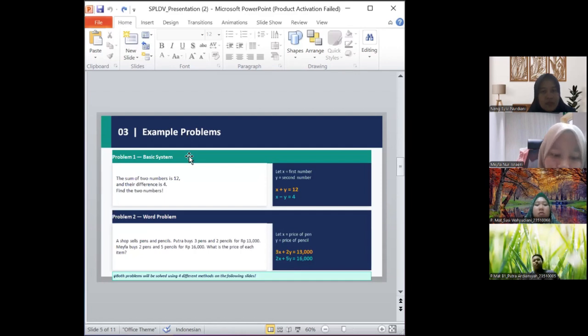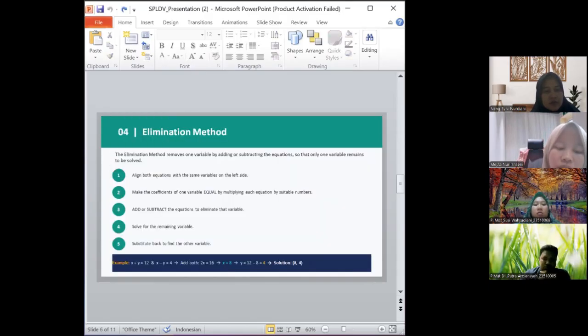Okay, guys, both of you, Putra and Sylvie, correctly identified the equations. Now, let's learn to solve them using four different methods. Let's start with the elimination method.